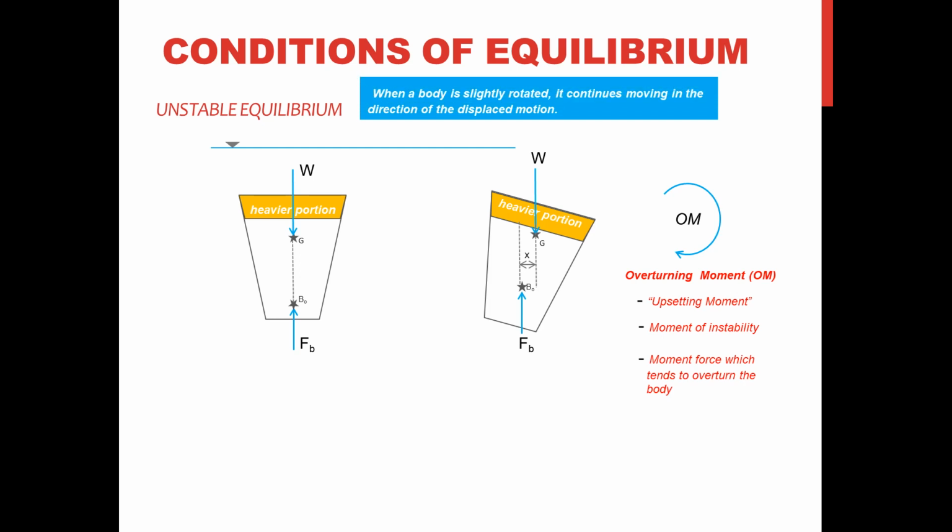So the unstable equilibrium will be defined when a body is slightly rotated, it continues moving in the direction of the displaced motion. The displaced motion in the figure is clockwise. Hence, the couple formed out of the buoyant force and the weight will also be in that direction.